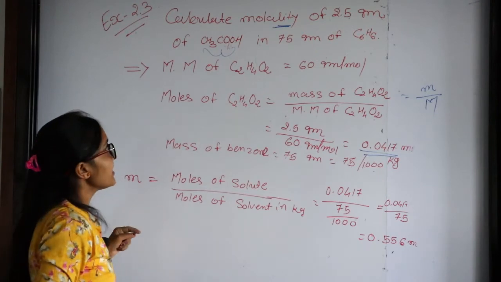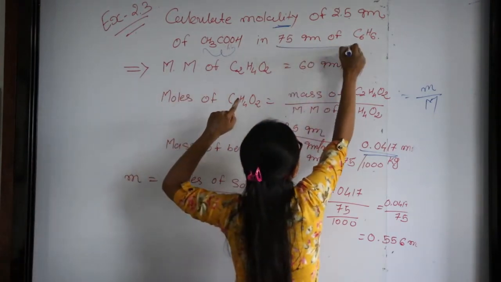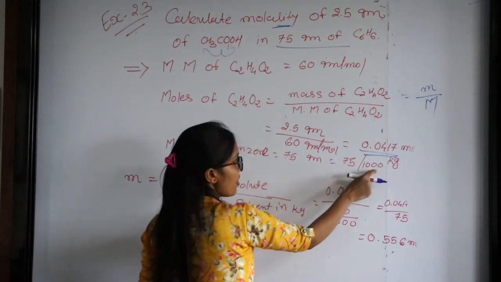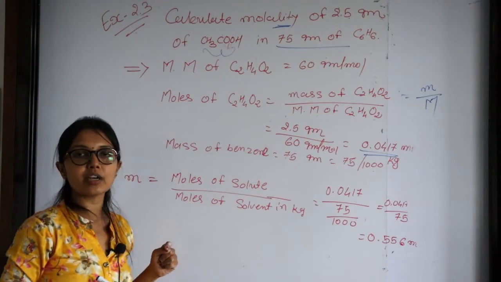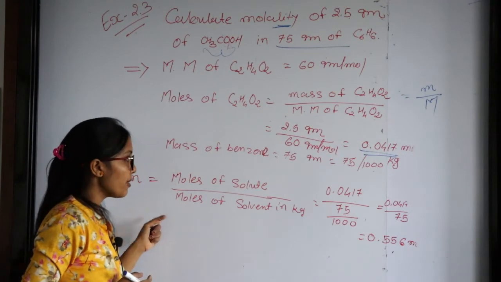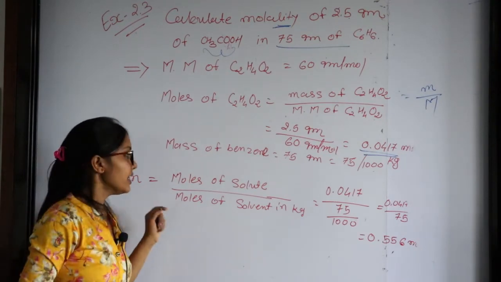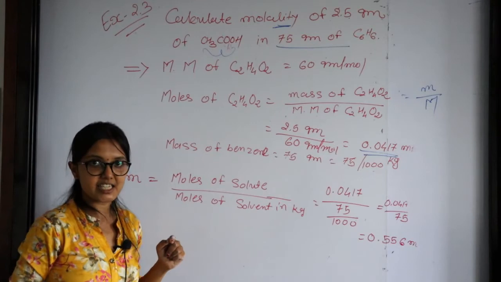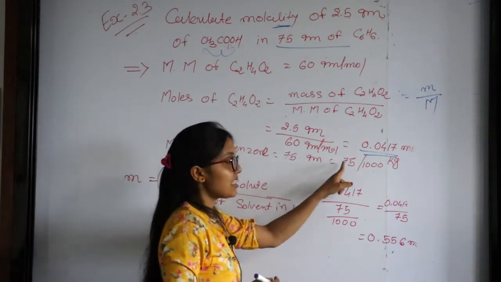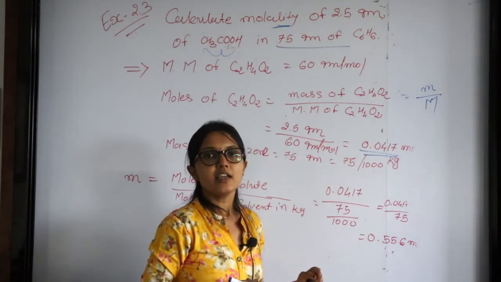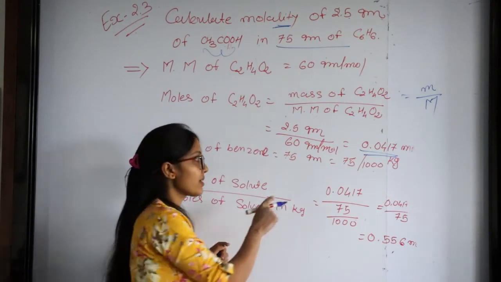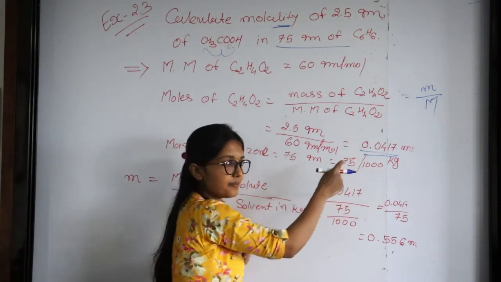Next is the mass of benzene, already given in the question as 75 gram of benzene. We convert this into kilogram, because we are calculating molality, and the molality formula is moles of solute divided by mass of solvent in kg. So the gram value must be converted into kilogram. 75 multiplied by 10 raised to minus 3 converts gram into kg, or you can write 75 divided by 1000.